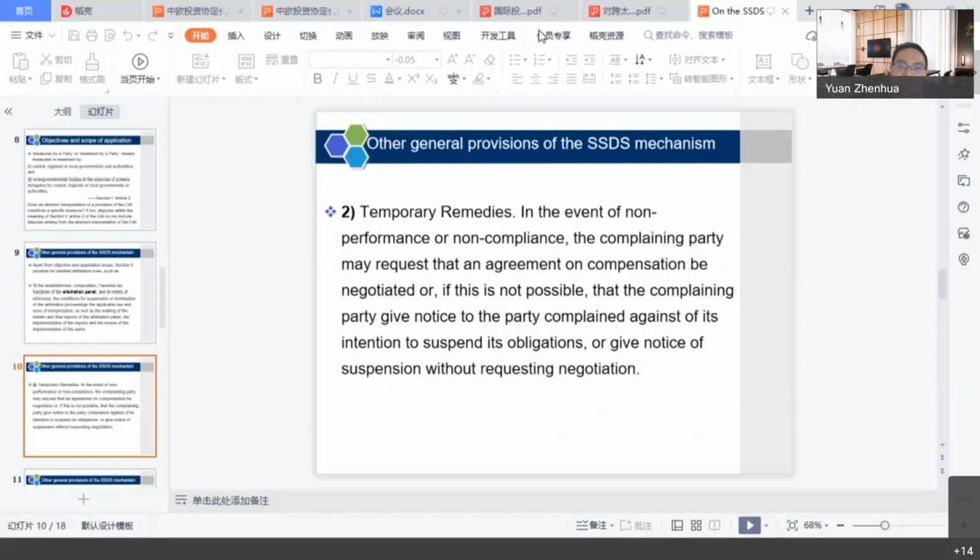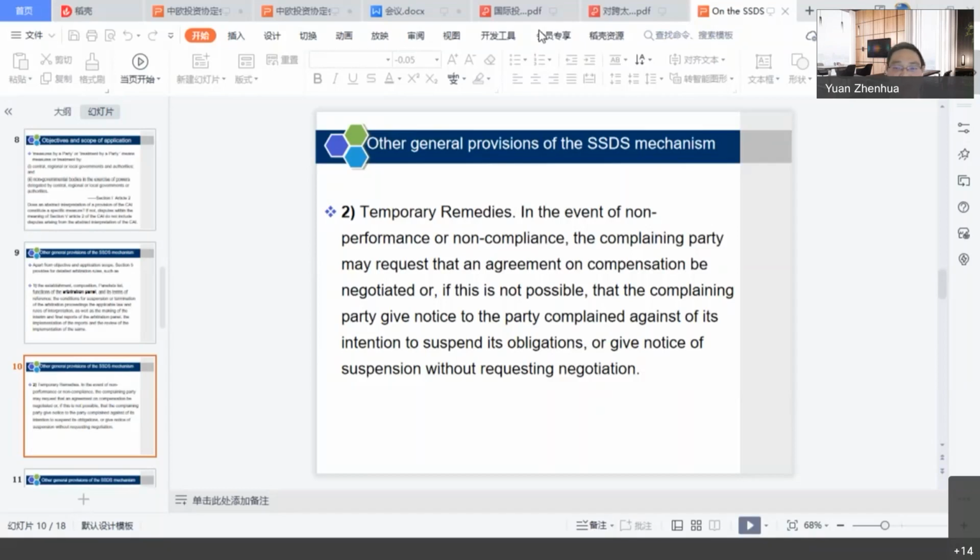Although the disputes under this mechanism are different from those under the SSDS mechanism in terms of subject matter and claims, I still suggest that the two dispute settlements, although possibly there will be some controversy, should be allowed to be activated in relation to the same measure in the host country, as the cause of action and the remedy on the two mechanisms are quite different and cannot be substituted for each other.